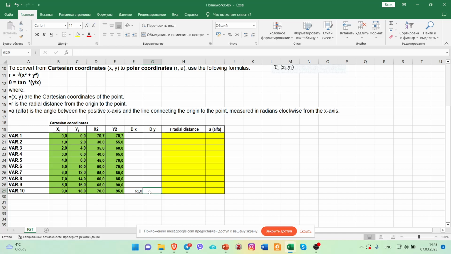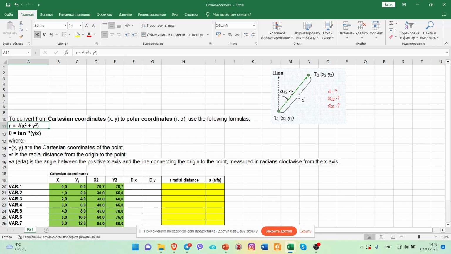The next step is calculating difference between y2 coordinate minus y1 coordinate. Here you can see, then we use this formula and calculate radial distance.